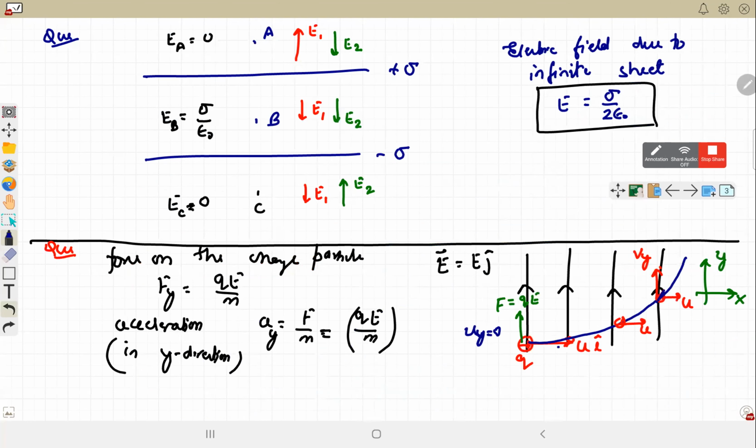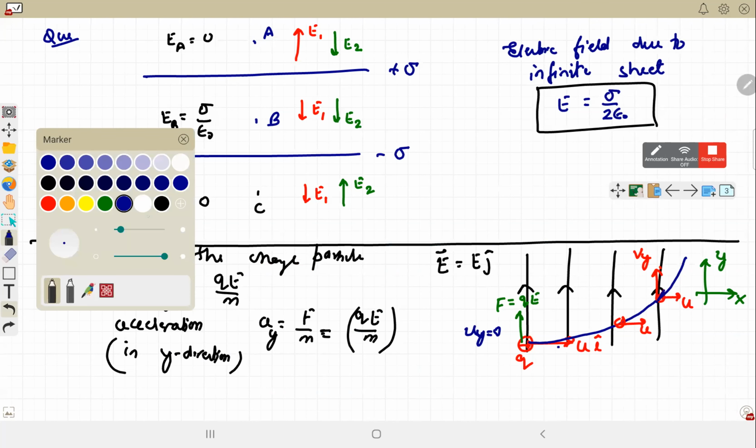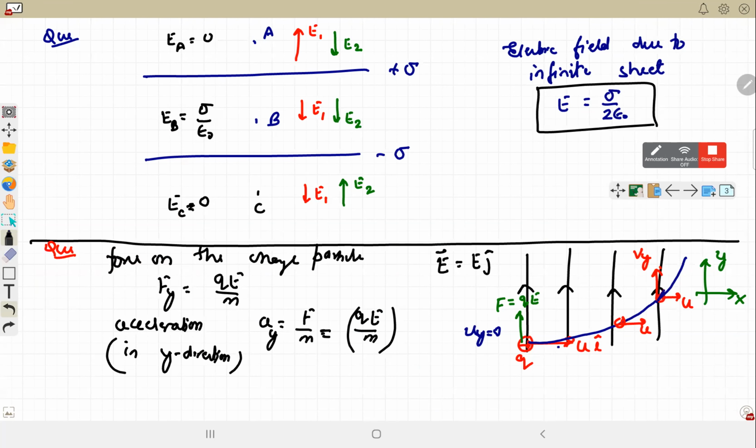This question says the electric field exists in y direction, a charged particle enters in x direction, and we have to find that. Now it is moving in x as well as y direction.